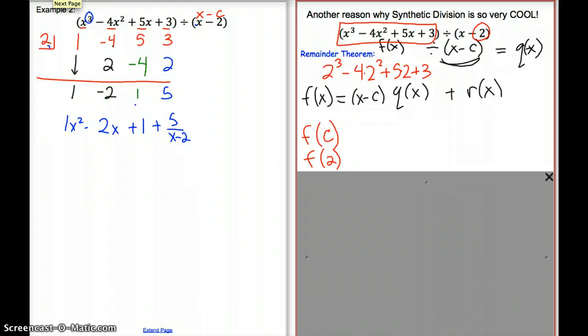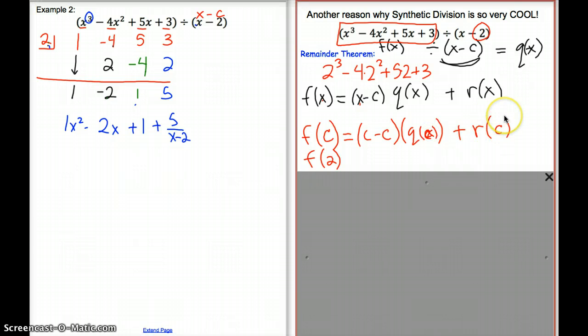And the reason the answer is 5 is because of this remainder theorem. So f of c, let's take a look back at this remainder theorem and see what happens. If I want to know f at c, everywhere x is, I'm going to put c. So c minus c times the quotient at c, plus the remainder.